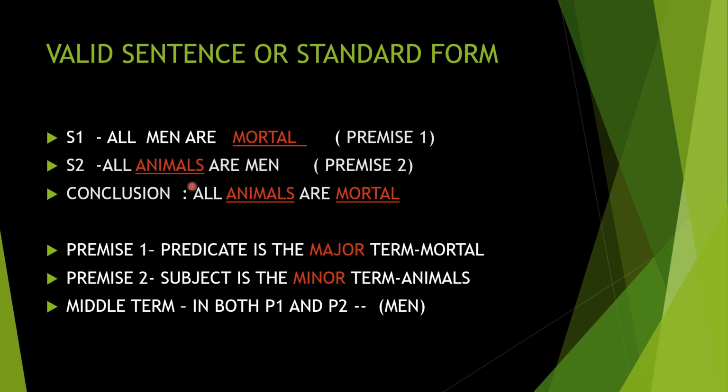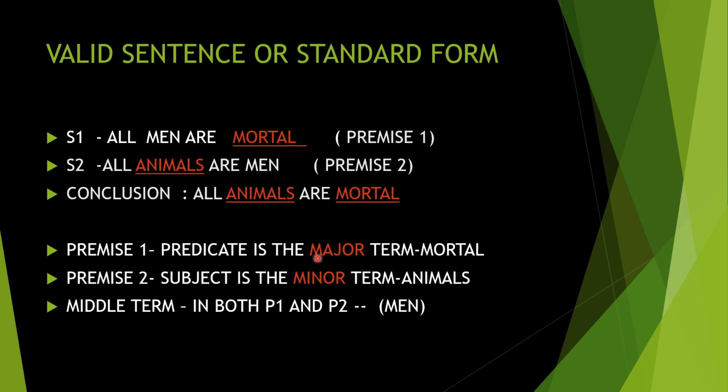If this law is followed, then the sentence is valid. The law means that premise 1's predicate should be the predicate, and premise 2's subject should be the subject of the conclusion. Then we can say that the sentence is valid. That is what I have written here.